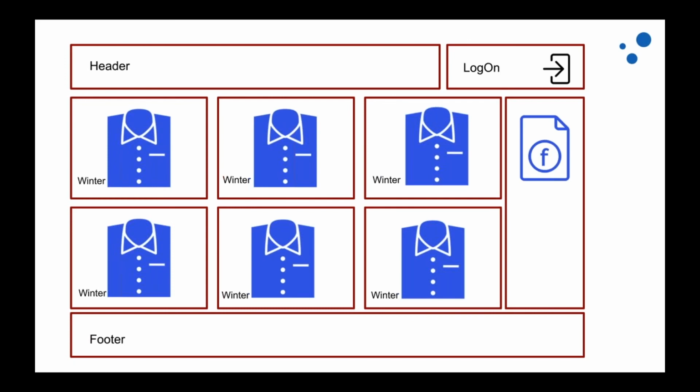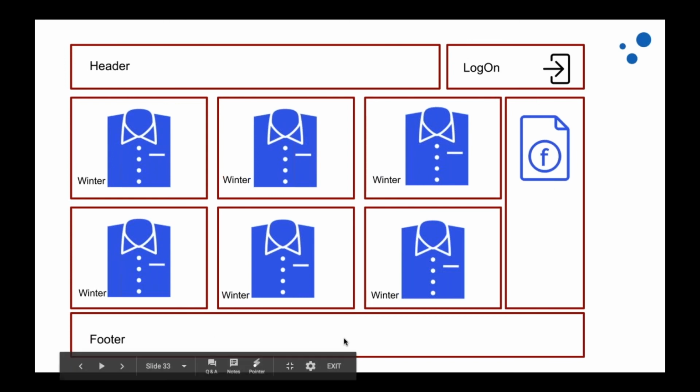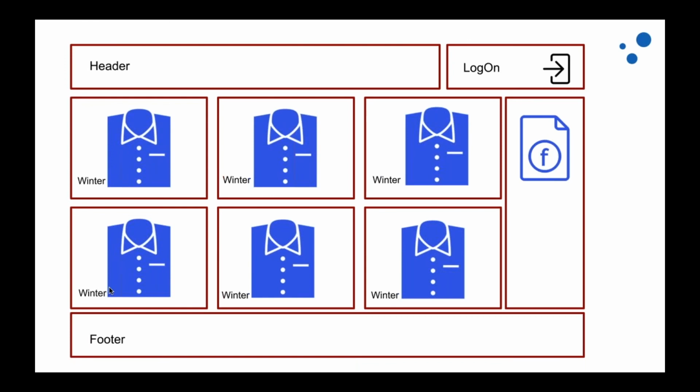So to bring everything together and give some sense to what I've just been talking about, that's a usual e-commerce website. As you can see, we have a header, a logon fragment, a social footer, and a few images matched for the winter season, for example.